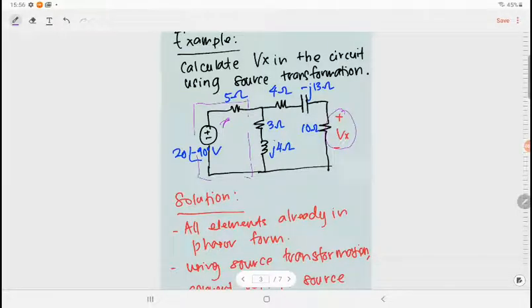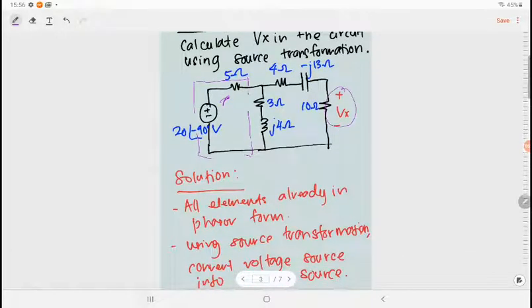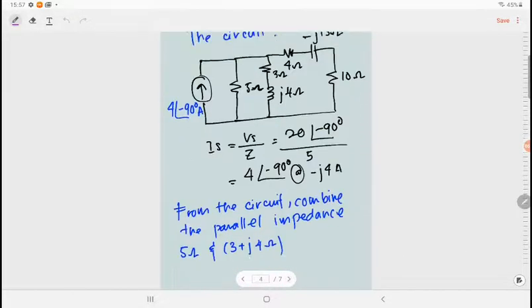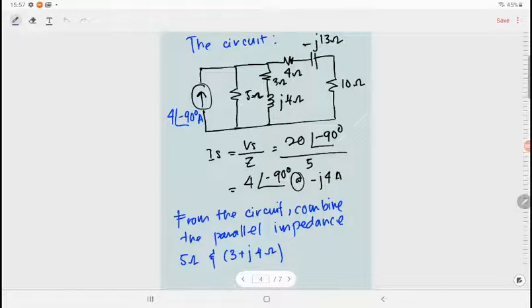In order to do that, we need to transform the voltage source part into a current source part. This is the new circuit that has been transformed to the current source, right?